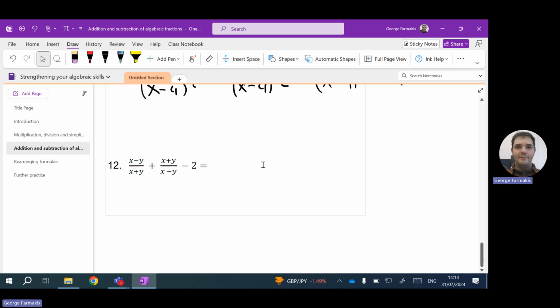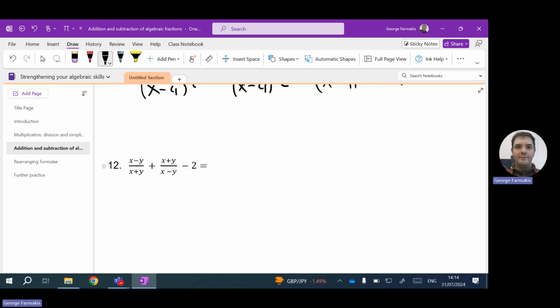Okay, now we need to do a little longer computation, and we see that we have 3 terms. So here first, we have denominators x plus y, x minus y, and we do minus 2.